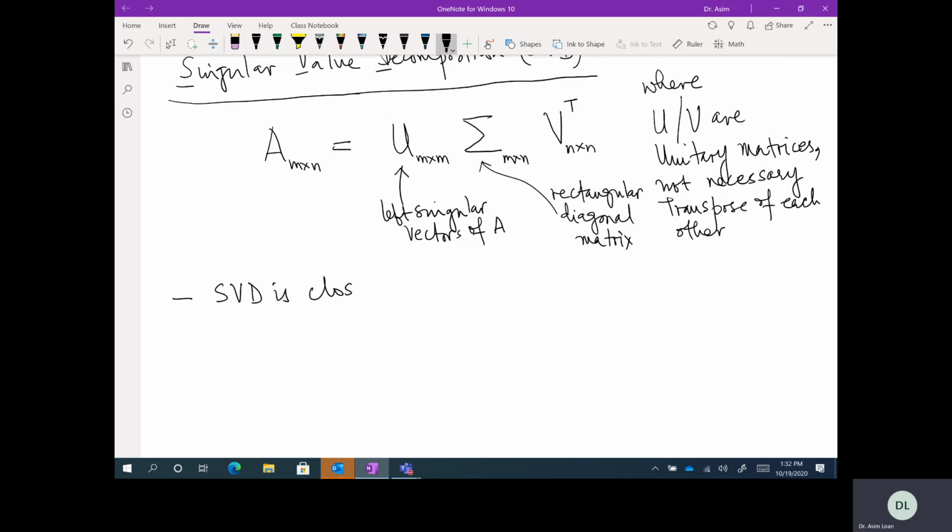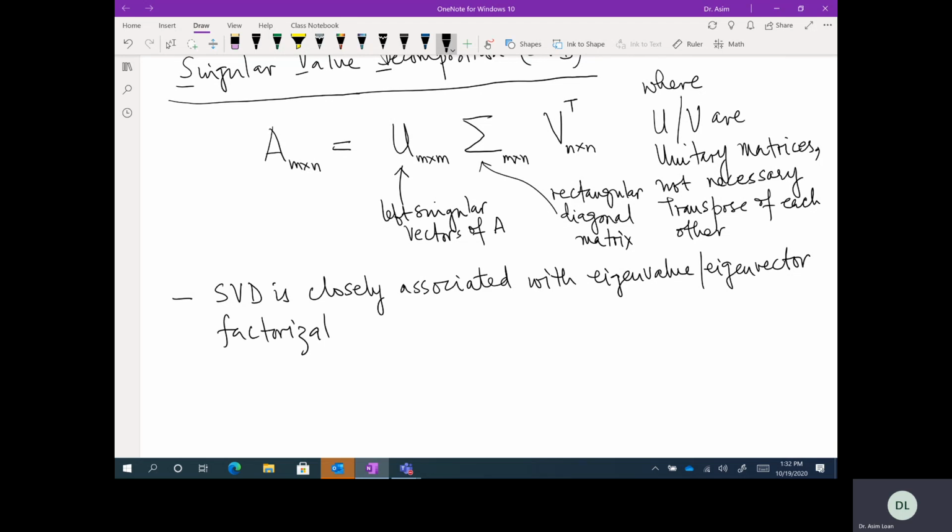Okay, so SVD is closely associated with eigenvector factorization, which is Q lambda Q transpose of a positive definite matrix.